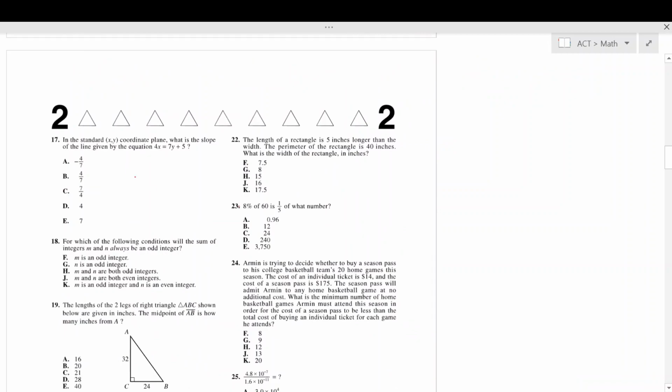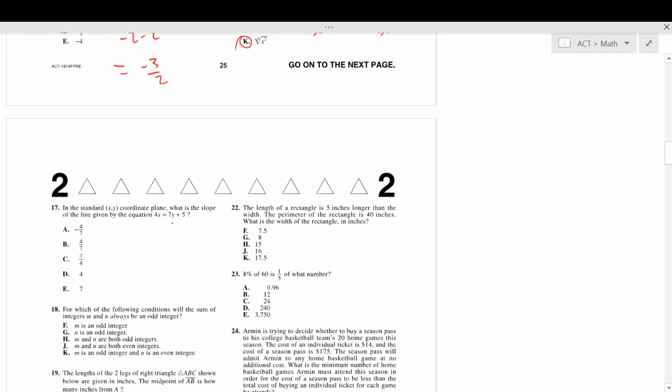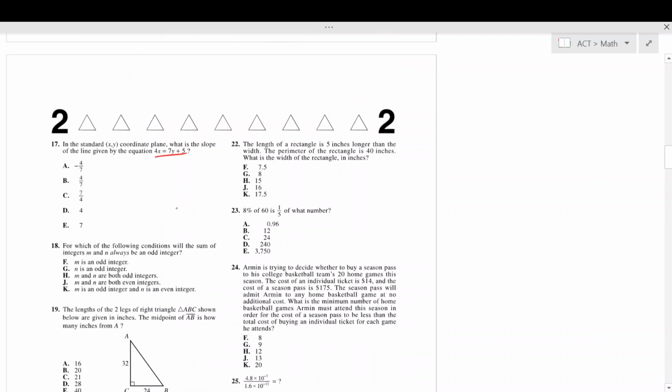In the standard xy coordinate plane, what's the slope of the line of this equation? So if we want the slope of a line, we know the formula for a line. The equation of a line is y equals mx plus b, and m is the slope. So let's try to get this equation into this form. So isolate y.